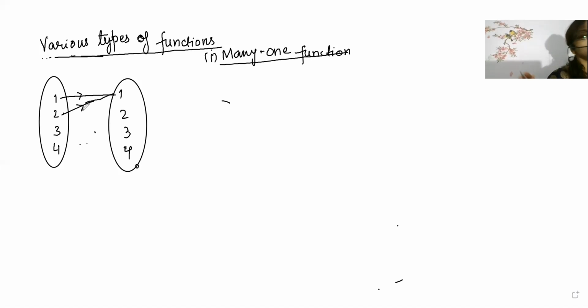Now there are certain specific conditions for many-one. We are going to understand those specific conditions. So how is many-one proceeding? I'm writing about that.